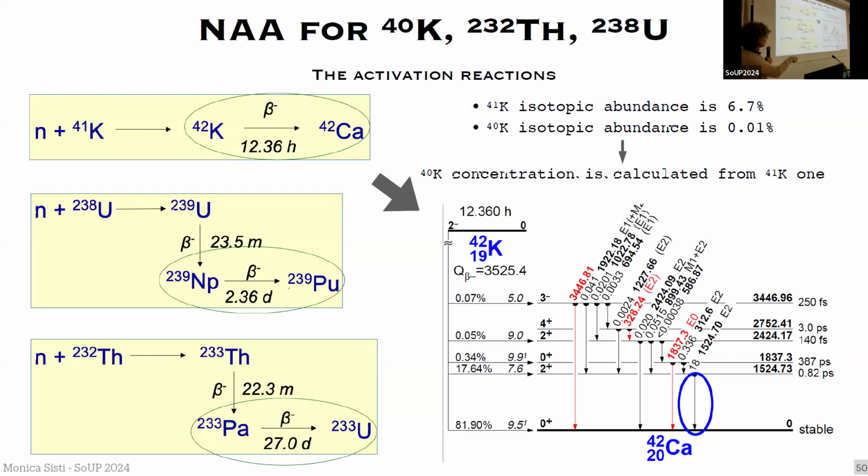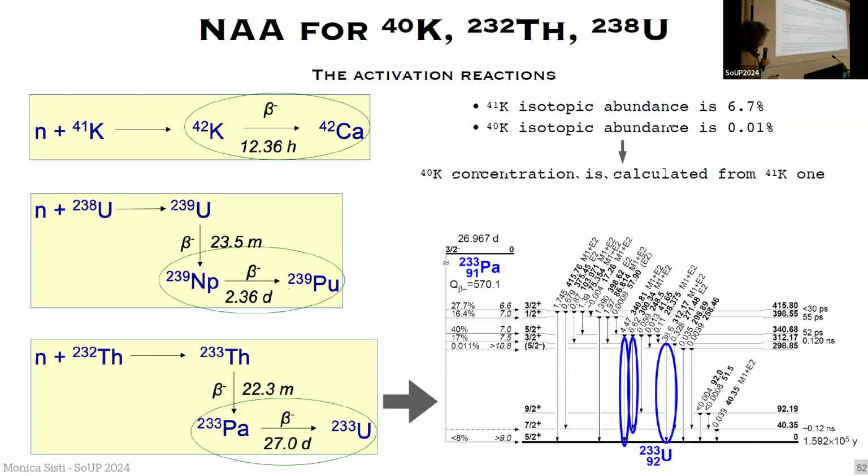Yes, in this case, it's the same. But if it goes into another state, you have to read here the branching ratio of the specific gamma. Okay, thanks. And when I say we care, I don't include you people. High energy neutrinos don't care about this, but we care.